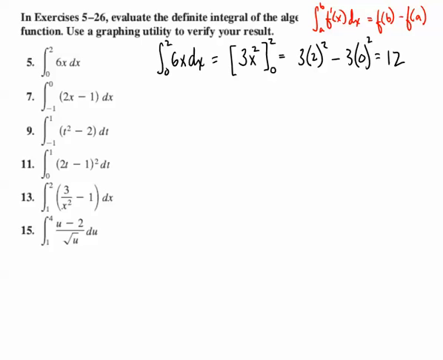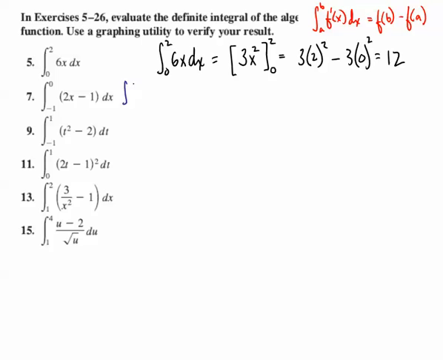So in number 7, it's very similar, only we have two terms in the integrand, 2x and minus 1. And we're simply going to apply the properties of definite integrals, which say that the integral of a sum or difference is just the sum or difference of the individual integrals. So what that means for us is we're simply going to take the antiderivative of each term.